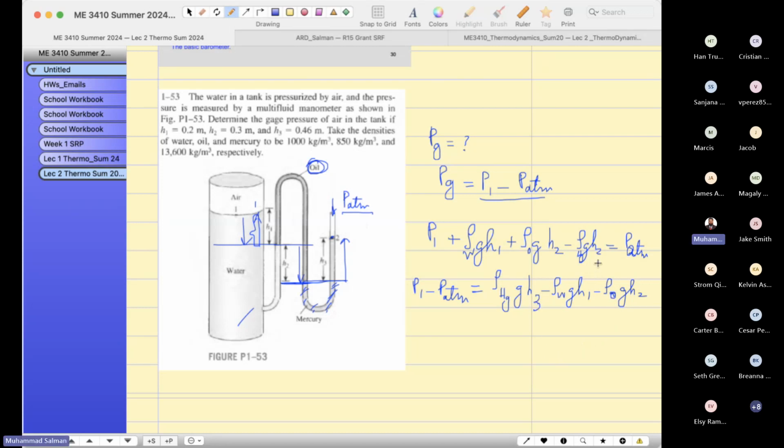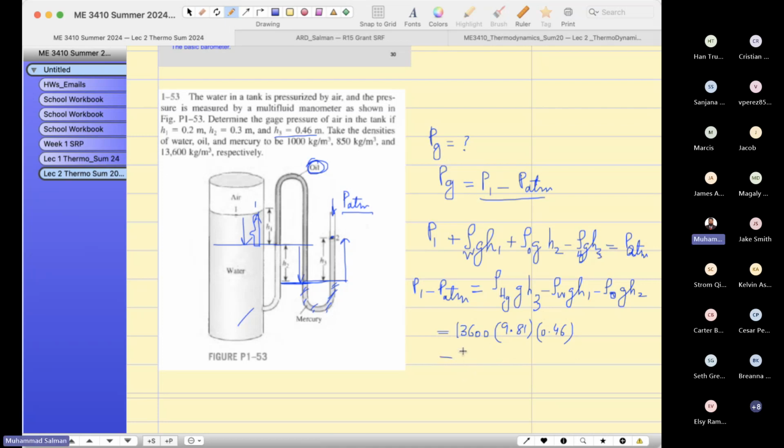I'm sorry, this is H3. Okay, now let us write down the values here. H3 is 0.46, negative sign.